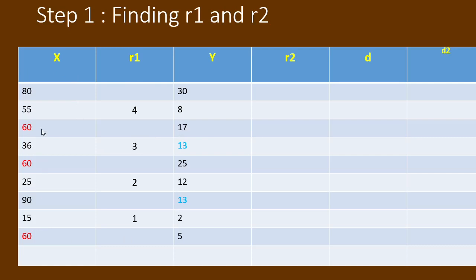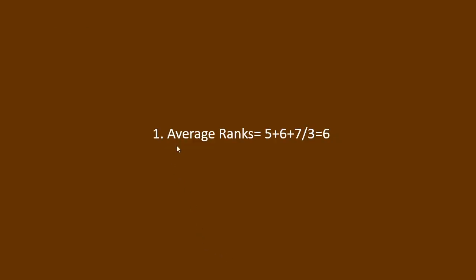The least number is 15, rank 1, 25, rank 2, 36, rank 3, and the next number is 55, rank 4. After this, rank 5 I need to give. Here rank 5 is shared between 60, 60 and 60. So we have 3 repeated data. For these repeated data, we need to find the average rank.